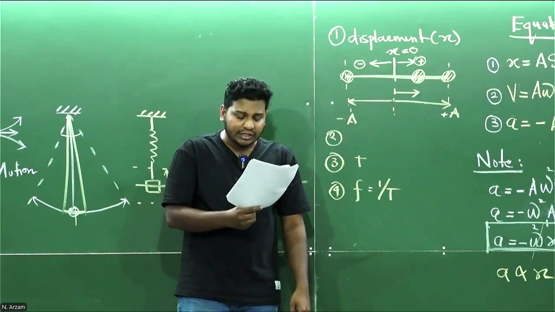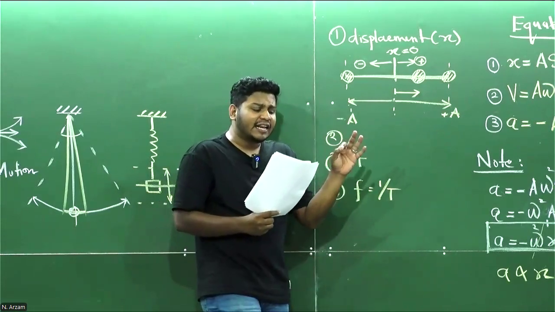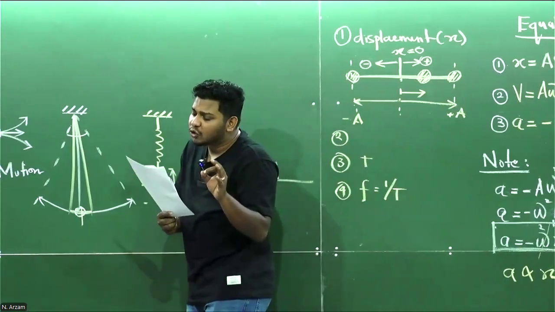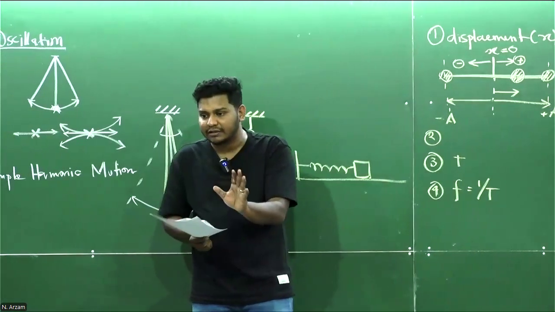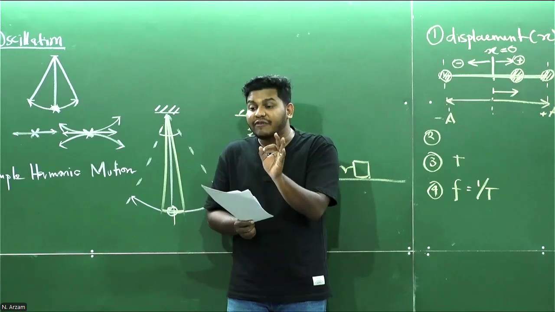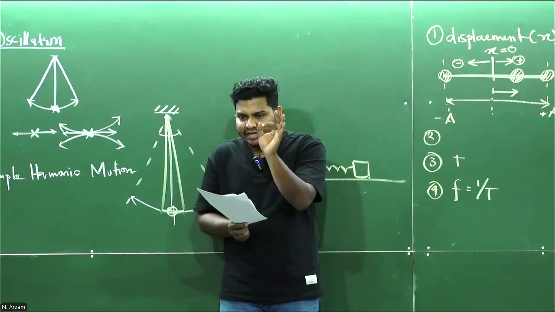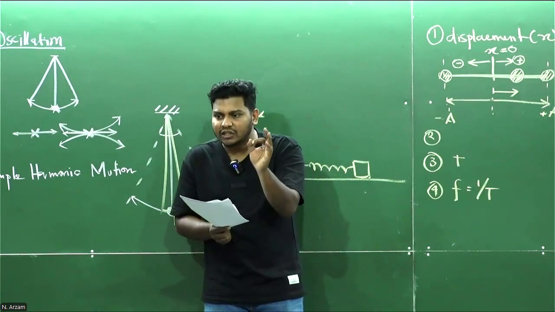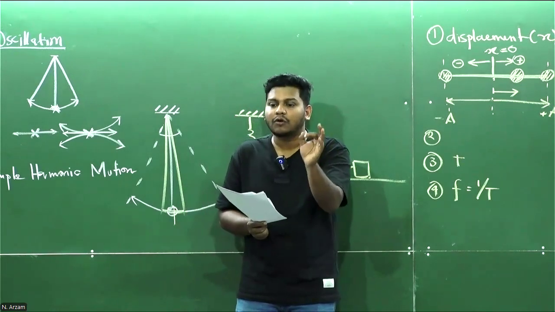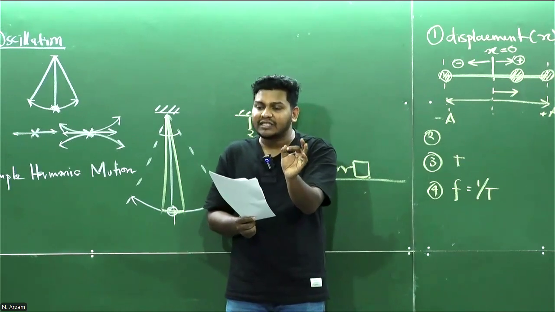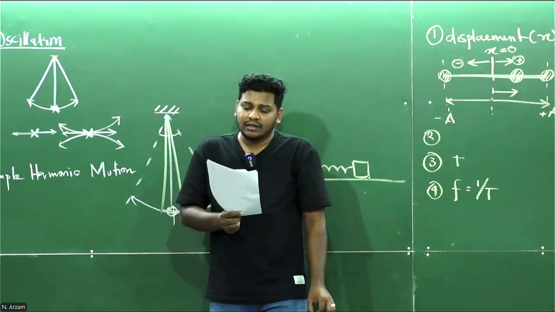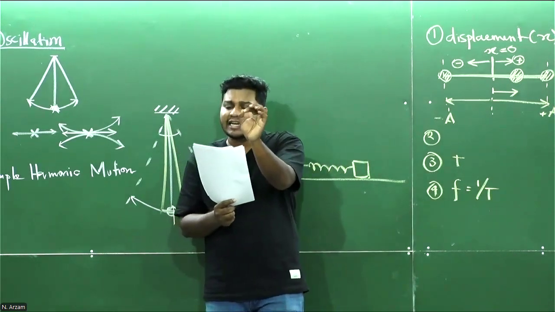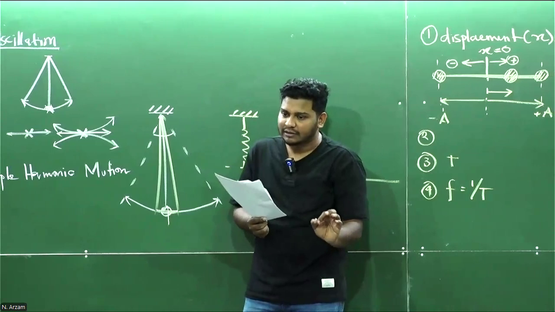Simple harmonic motion: if the acceleration of a moving body is always directed toward an equilibrium point. This is a very important point, guys. In simple harmonic motion, acceleration is always towards the center, or always towards the fixed point. Please highlight the point.